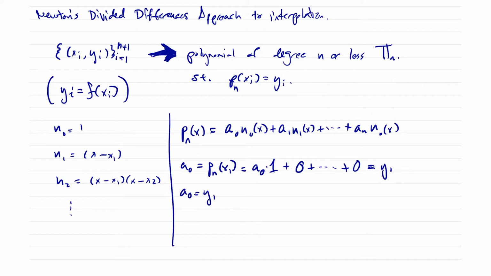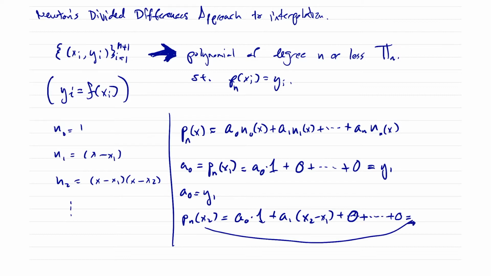All right, so how do I find a1? Well, if I want to find a1, I take a look at Pn of x2. So that's going to leave us with a naught times 1 plus a1 times x2 minus x1 plus 0 all the way up. And this should be equal to y2. All right, so I kind of anticipated that a naught was going to be equal to this.